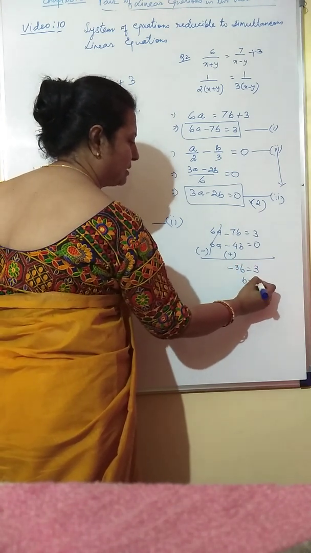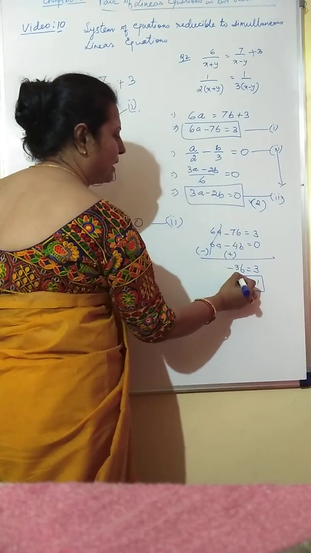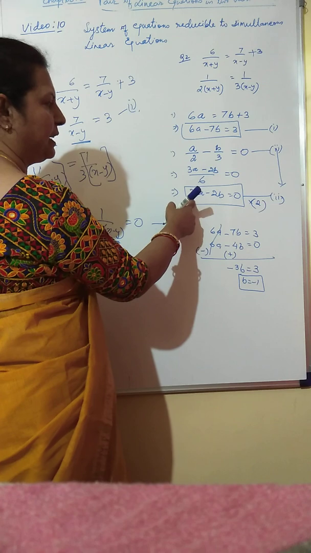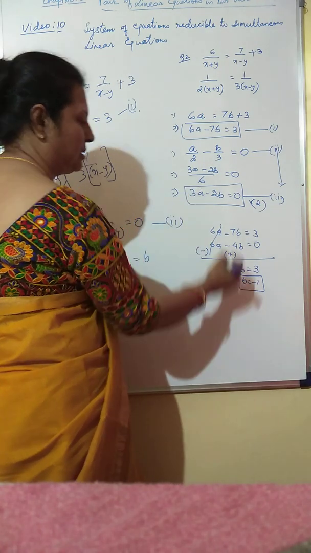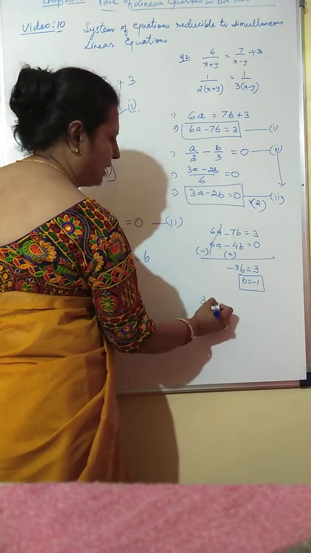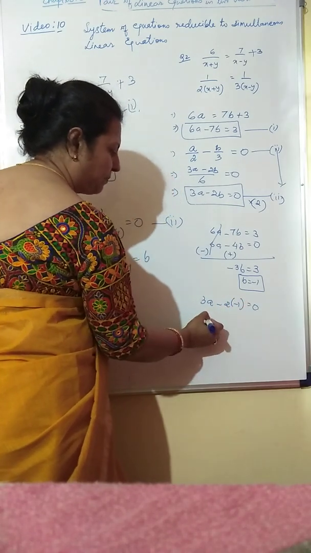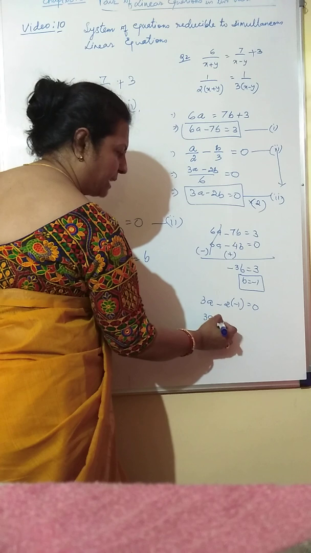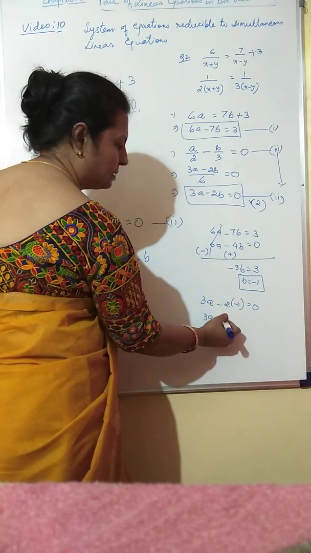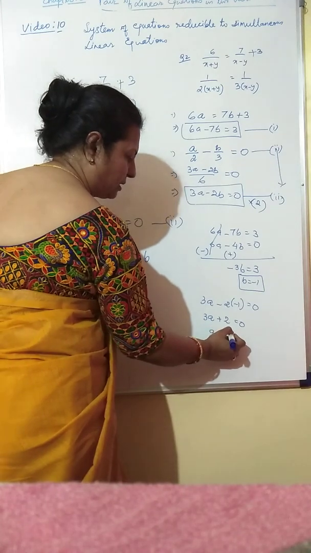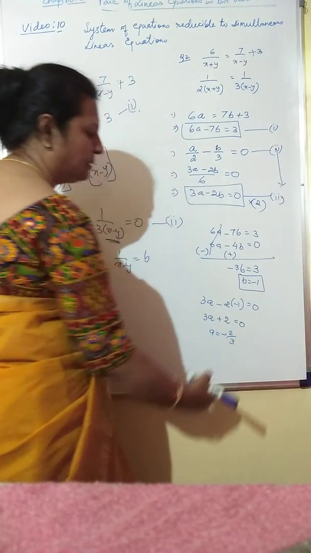So you get b is equal to minus 1. Now I substitute in this equation because solving it here is simpler. So I get 3a minus 2 into minus 1 equal to 0, so 3a plus 2 is equal to 0. So I get a is equal to minus 2 by 3.